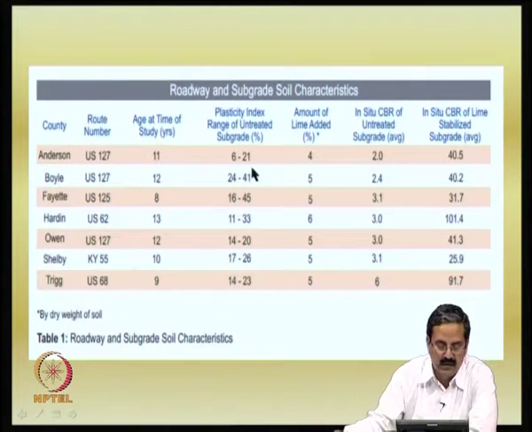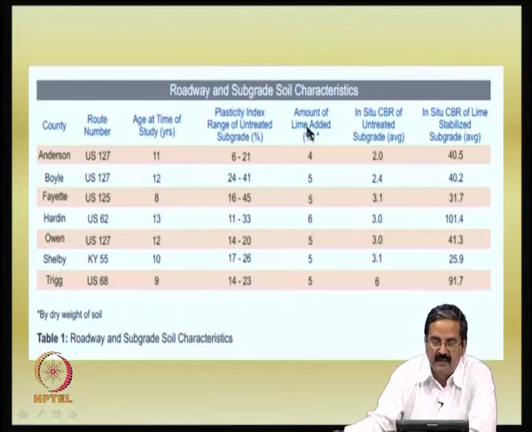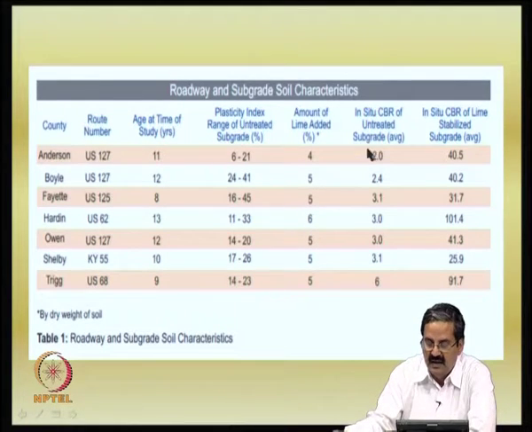You can see 6 to 21, in this it is a higher range 24 to 41, and 16 to 45. So, the highest and lowest are here, and what is the amount of lime added? It is about 4 to 5%, 6% is here, and the in situ CBR of the untreated subgrade is 2%.